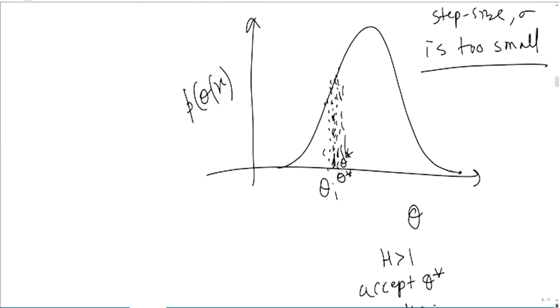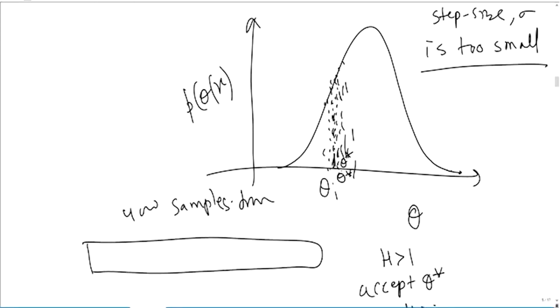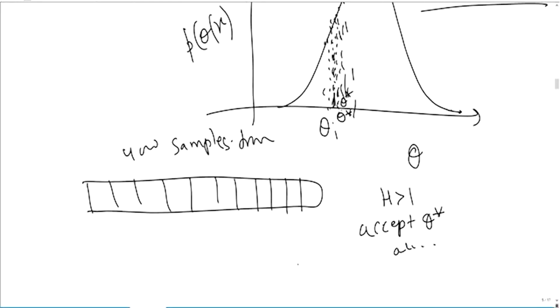But if my step size is too small, then suppose I decide to collect a total of 4,000 samples from the posterior. You start with an empty Markov chain containing 4,000 empty slots, which means I've decided to collect 4,000 samples from the posterior.